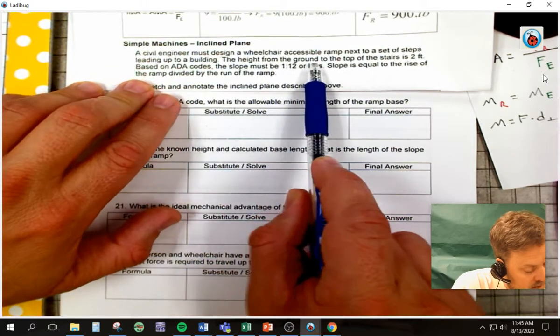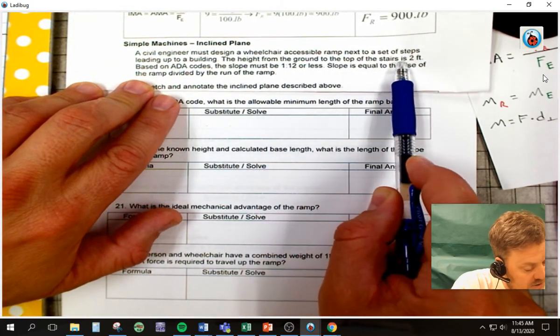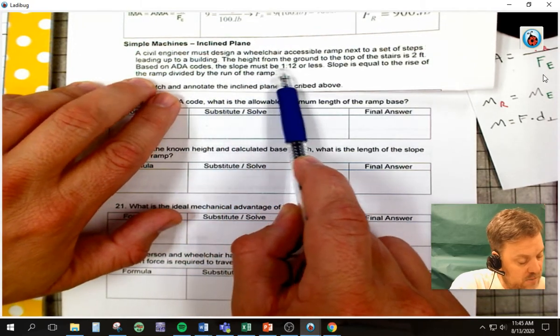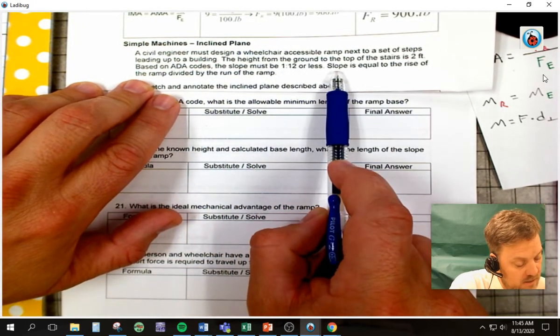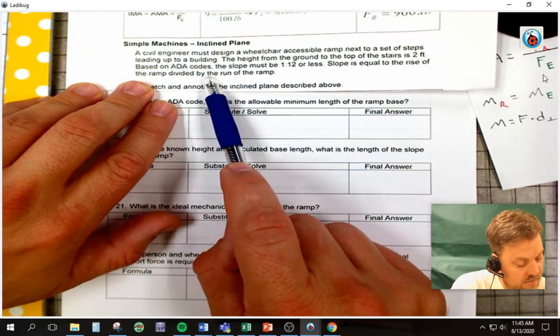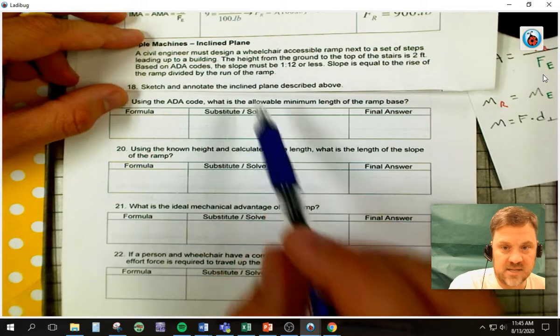The height from the ground to the top of the stairs is 2 feet based on ADA codes. The slope must be 1/12, and that's code. Slope is equal to the rise over the run of the ramp. Okay, so it says sketch that stuff.